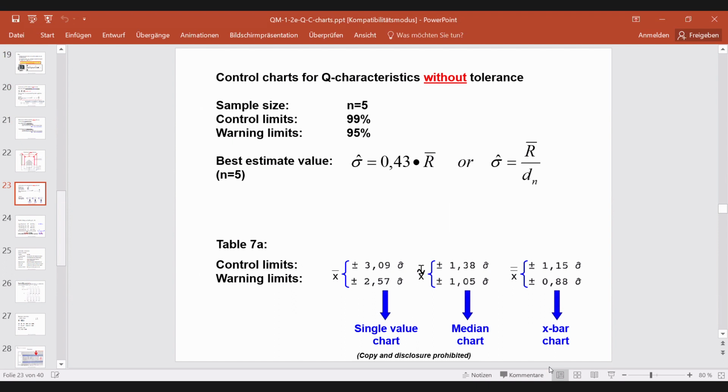This is for the median, and this is here for the single value chart. So it depends on which kind of quality chart you are using.